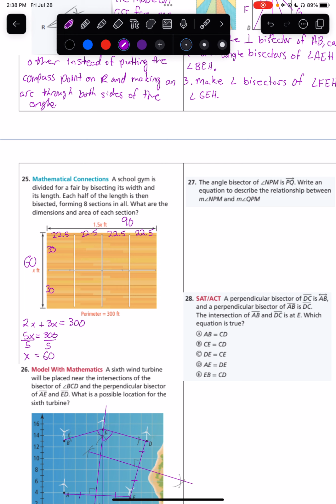And then we can say, all right, the dimensions and area of each section would be 22.5 by 30 feet, and that would make it 675 feet squared as the area. And there's our answer.